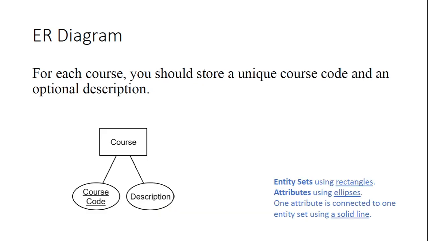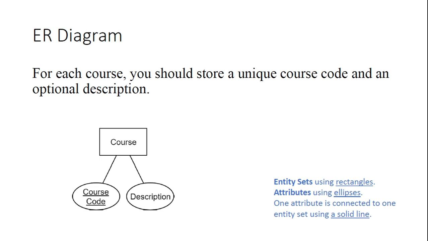Then in the description as well, it says for each course you should store a unique course code and an optional description. So this is some new entity set we introduce into our diagram. We keep the course code and the description. It says the description is optional, but so far in the ER diagram we do not have the distinction about optional cases.